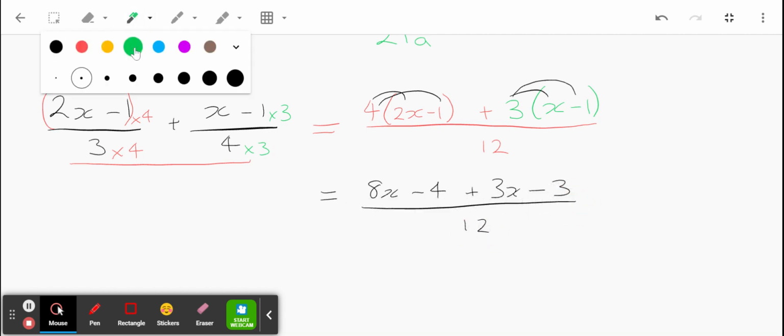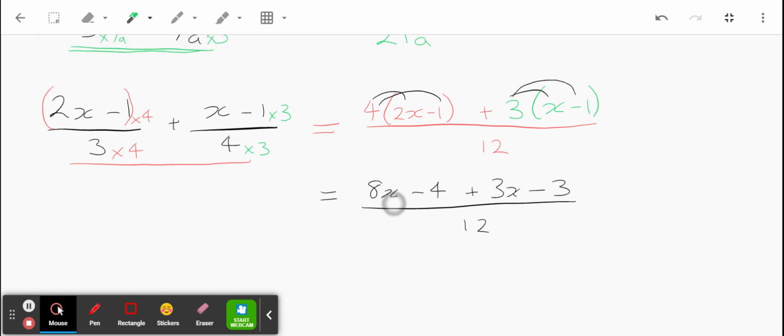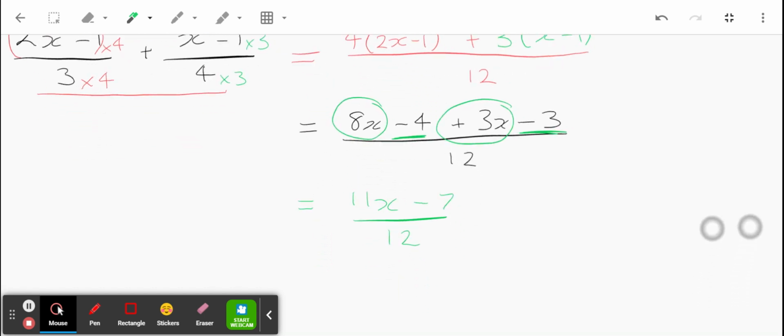What I'm going to do now is collect like terms. 8x and 3x. I include that sign because that tells me what I'm going to do. So 8x plus 3x is 11x. And then I've got minus 4 and minus 3, so that's minus 7 over 12. And then there's no way that that can be further simplified.